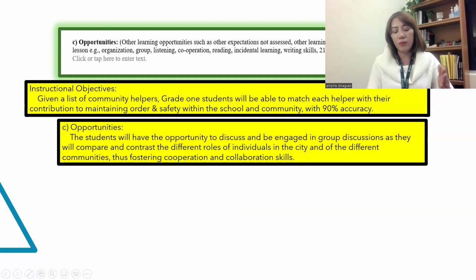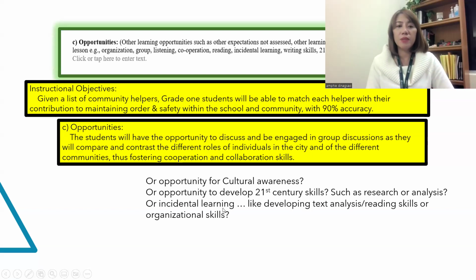Or in the long run, you will see that I will give my students descriptions of the community helper, and then they're also going to discuss in small groups. So I will have some modification of this, but it is still the same opportunity that students will be engaged in group discussion.